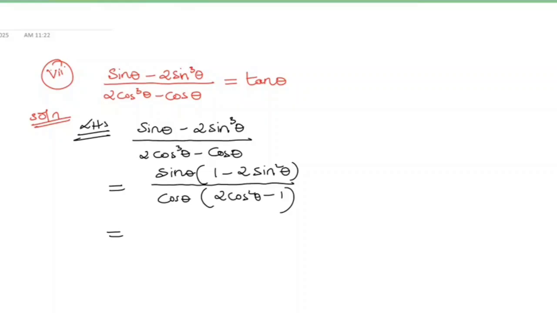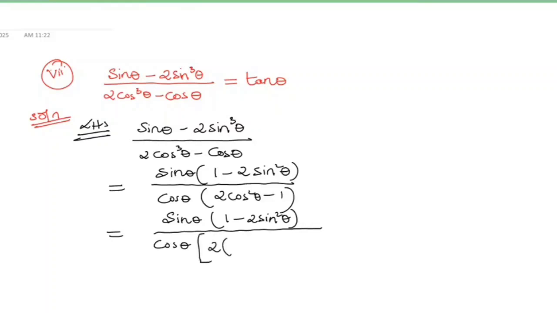Okay, so next what we can write, sin theta into (1 minus 2 sin square theta) divided by cos theta bracket. Now see what we can write, 2 into cos square theta, we can write 1 minus sin square theta. Okay, we are applying the formula, minus 1, because if you remember, the cos square theta formula is 1 minus sin square theta.